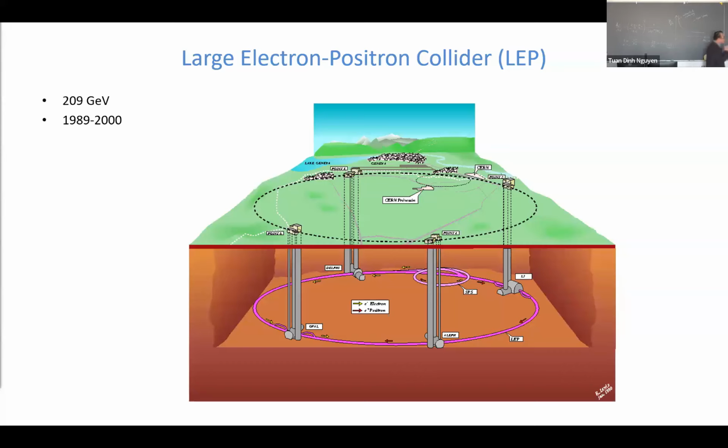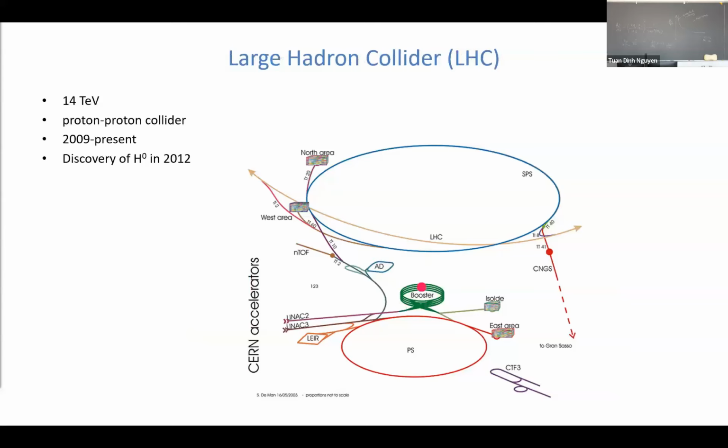Now at CERN, the precursor was the Large Electron Positron Collider, or LEP. It's an underground tunnel, accelerating electrons and positrons. From 1989 to 2000, it had 209 GeV. And then the Large Hadron Collider, basically they used the LEP tunnel and filled it with a hadron collider.